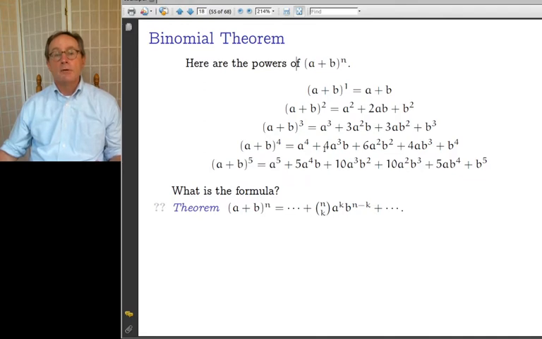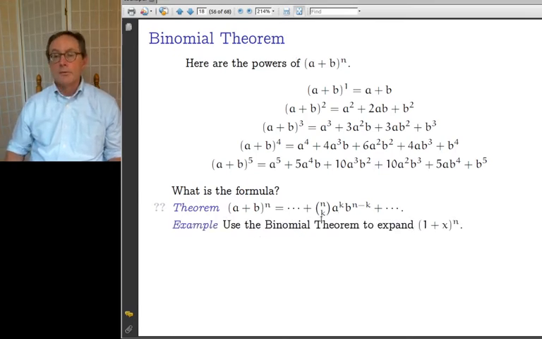How many ways are there to reach into a sack that contains pieces of paper numbered 1, 2, 3, and 4, and pick out 3 of them? The answer, of course, is 4, because you could leave out the 1, the 2, the 3, or the 4. So the term that involves a to the k is n choose k.